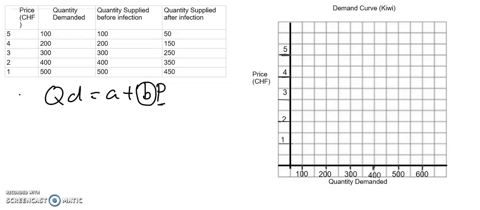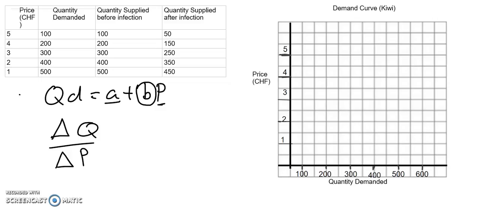P is the price. A is the quantity demanded if the price is 0, and QD is quantity demand.